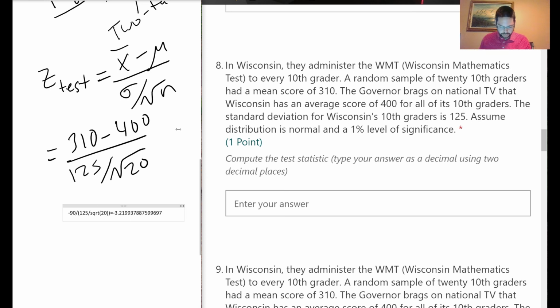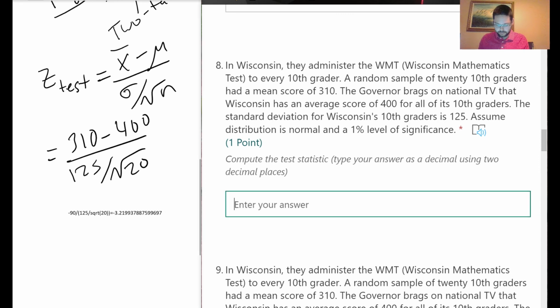So we got about negative 3.22, because they wanted 2 decimal places. All right, so there's my test statistic, negative 3.22. I'll write it over here.